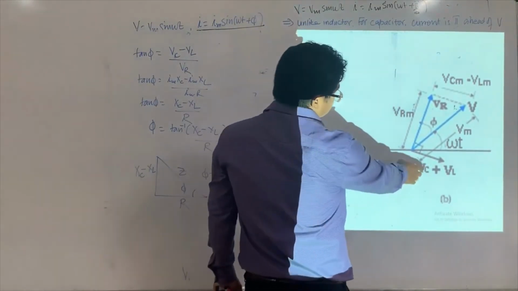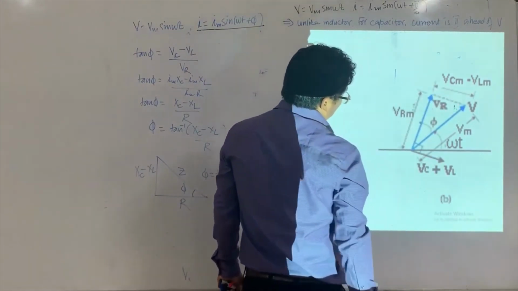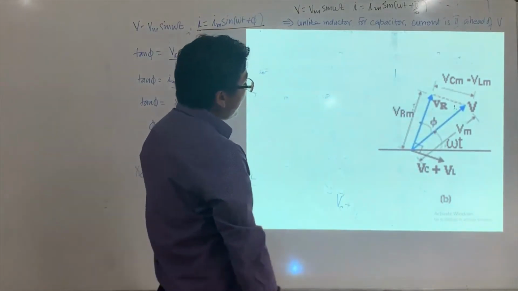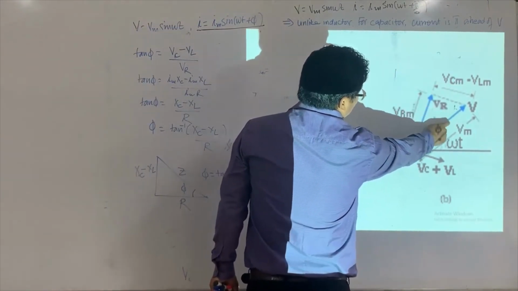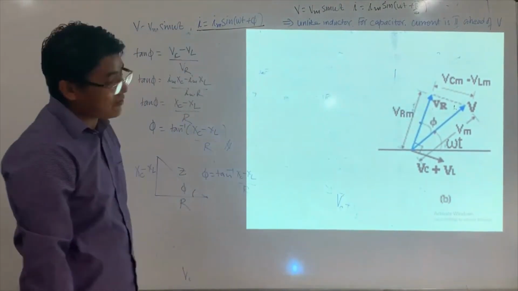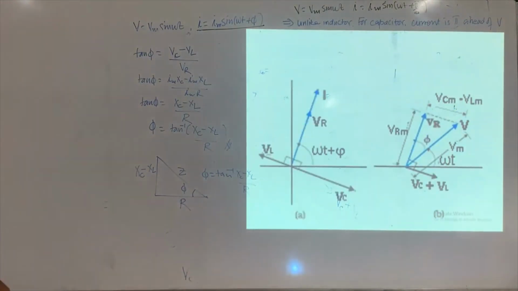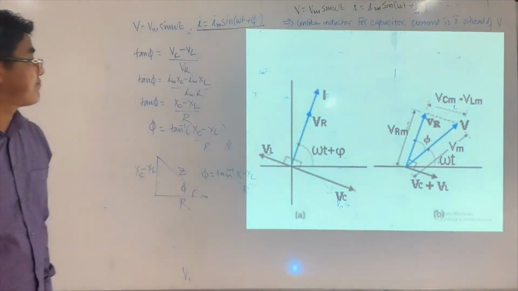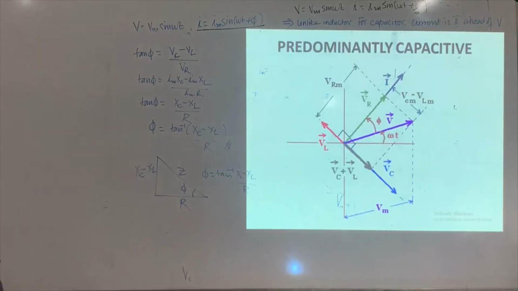This is the perpendicular component, this is the base, and this is the hypotenuse, and phi is the phase difference between voltage and current. This is the current and this is the voltage. This is the overall diagram.